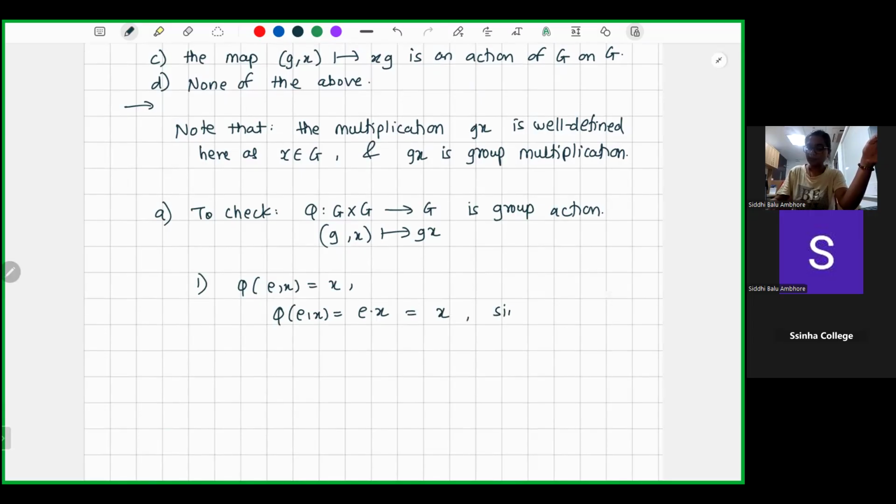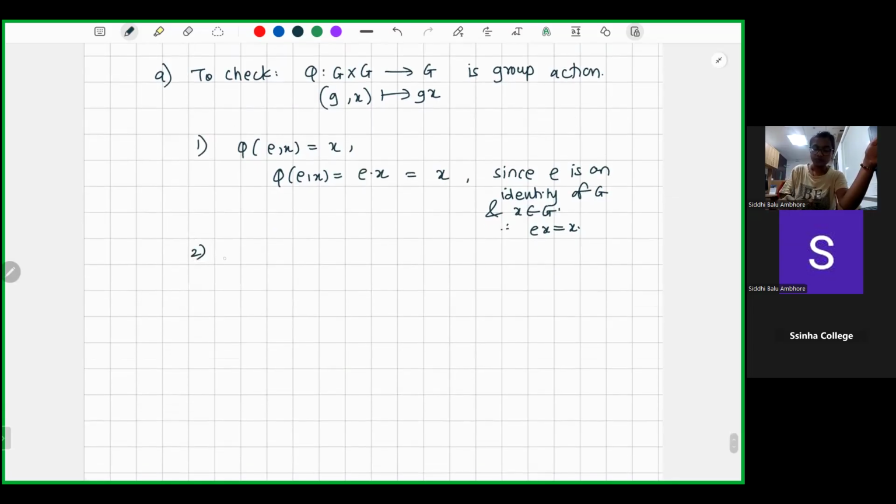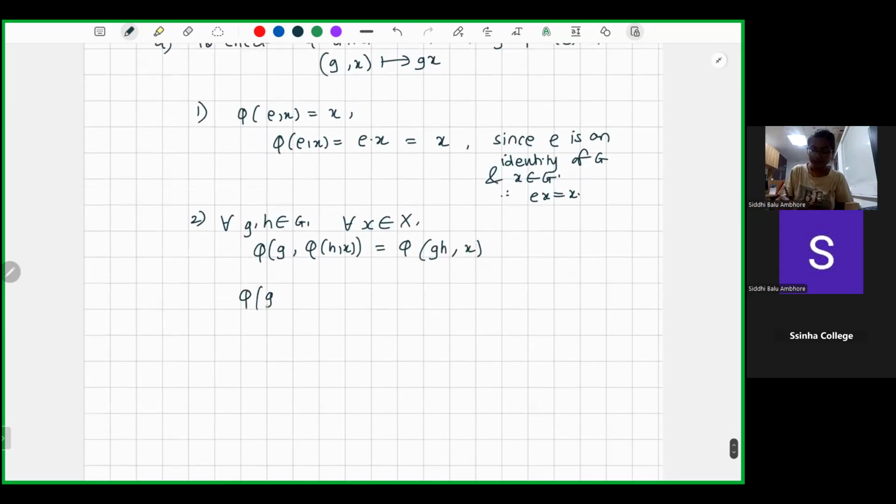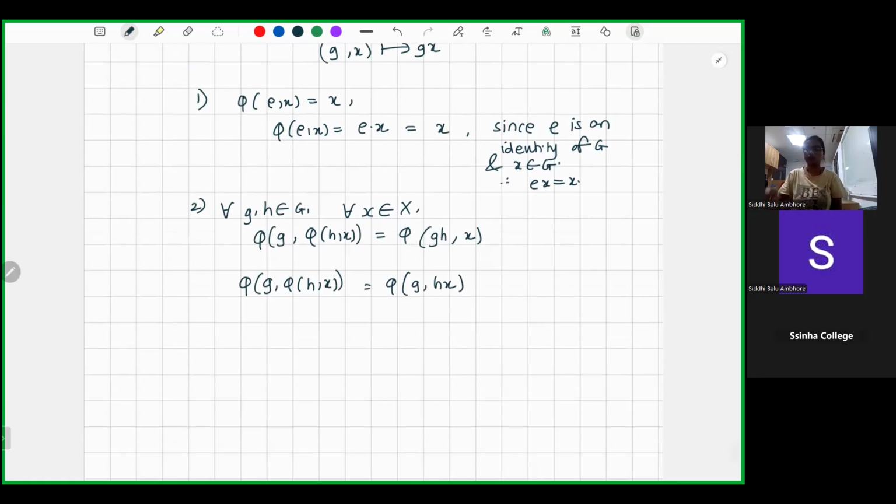So note that since E is an identity of G and X belongs to G, therefore we have EX is equal to X. And the second property was, for all G comma H in G, for all X in X, we must have phi of G comma phi of H comma X as phi of GH comma X. So let us first calculate what is phi of G comma phi of H comma X. In our case, it is phi of G comma HX, just the group multiplication.